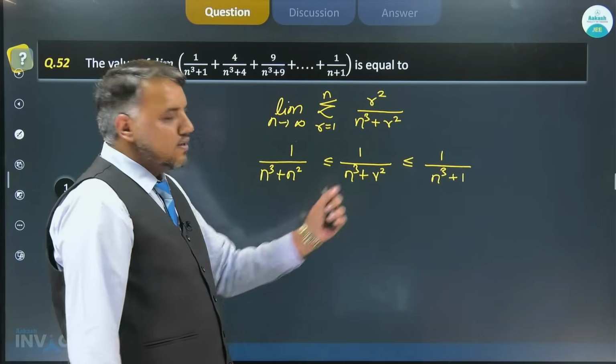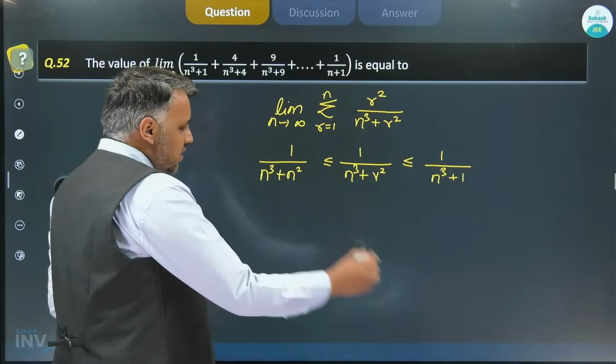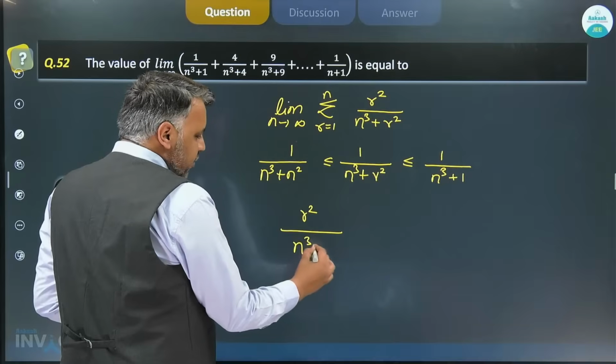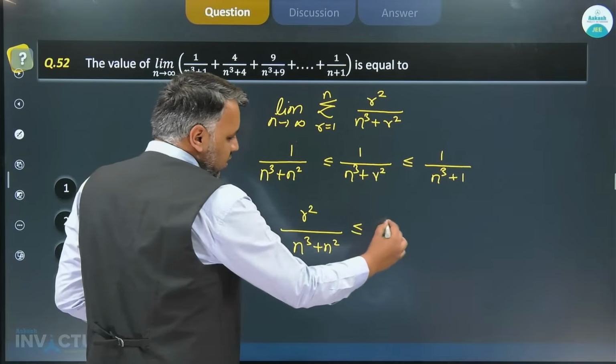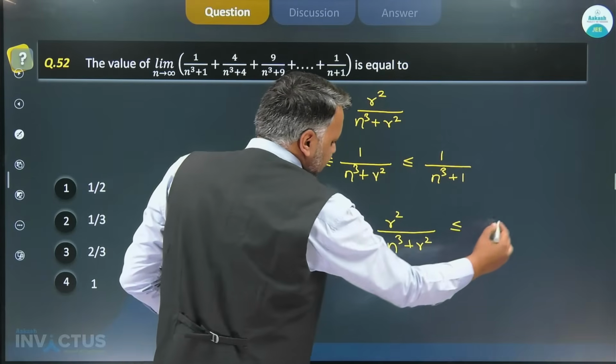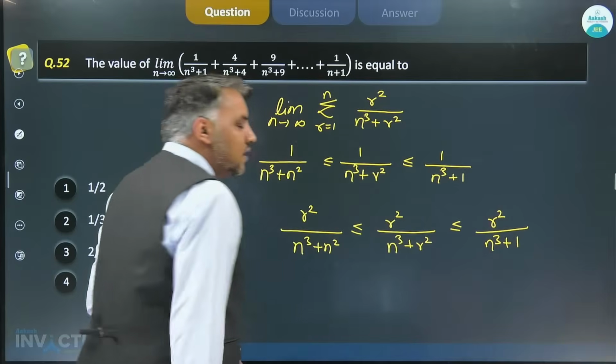Now multiplying all these by r square, and r square is a positive quantity, so inequalities will remain the same. So you can say r square divided by n cube plus n square is less than or equal to r square divided by n cube plus r square, and this is smaller than or equal to r square divided by n cube plus 1.